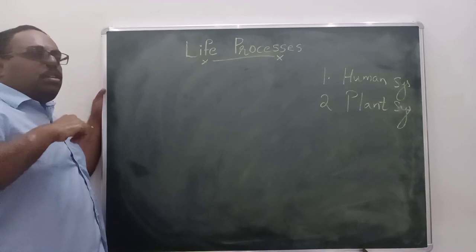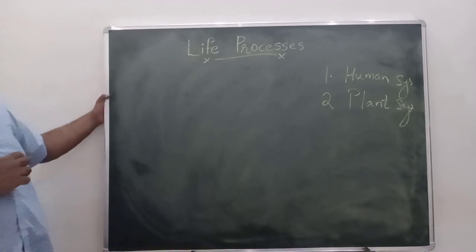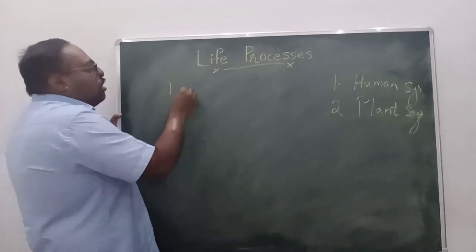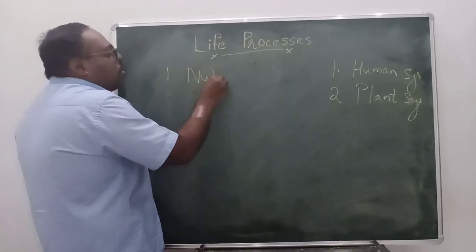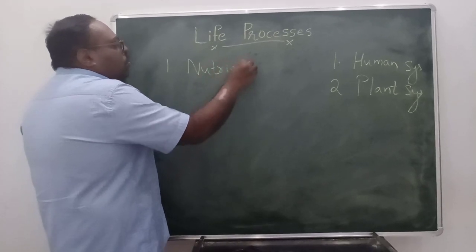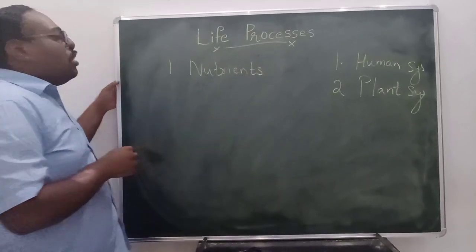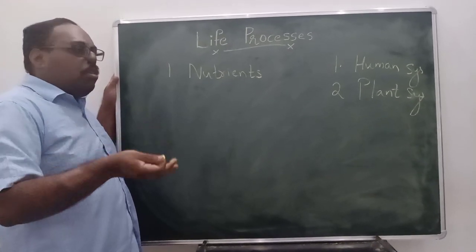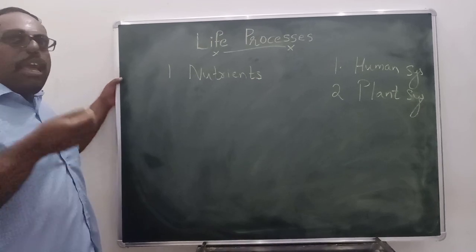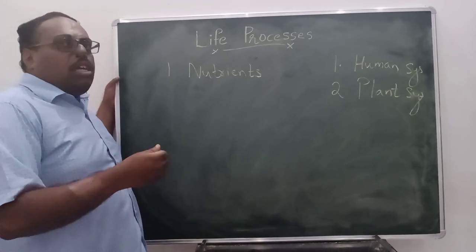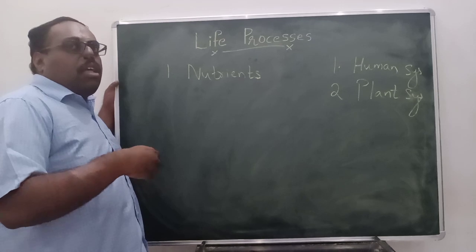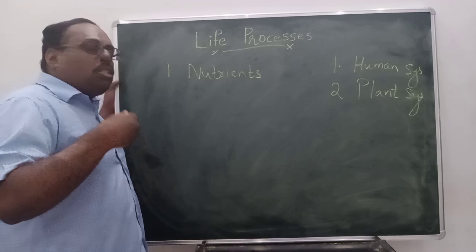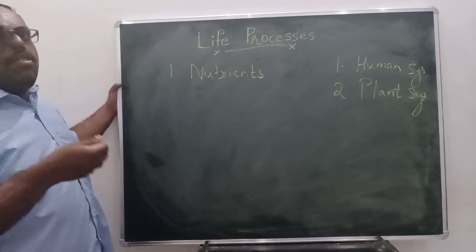Before proceeding to this chapter, we have to know what we mean by nutrients. Nutrients are chemicals or biomolecules which help us for development and help us carry out metabolic activities inside our body.